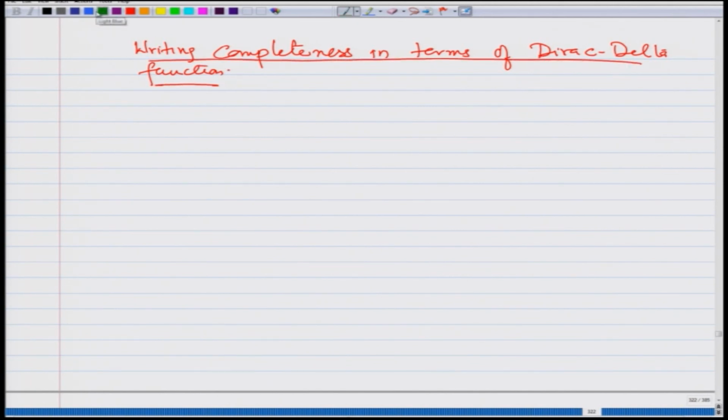What we have just said is that f(x) is equal to summation over n C_n phi_n(x), where C_n is equal to the integration from minus infinity to infinity of f(x') phi_n star(x') dx', because x' is a dummy variable; x I am using earlier, so I do not want to use that again.